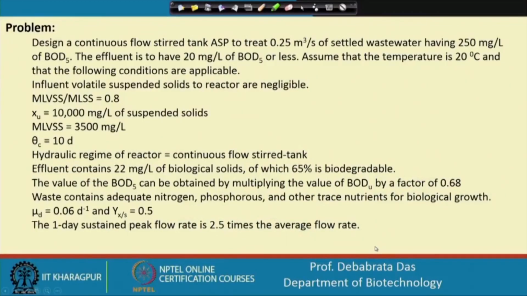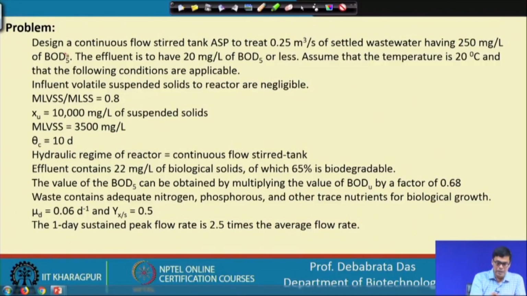Now, one design problem I want to discuss here: design a continuous flow stirred tank reactor activated sludge process to treat 0.25 cubic meter per second of settled wastewater having 250 milligram per liter of BOD5. BOD5 means biochemical oxygen demand over 5 days.